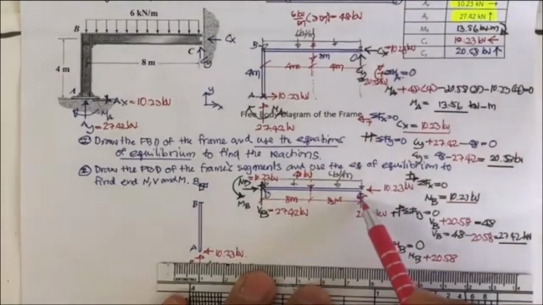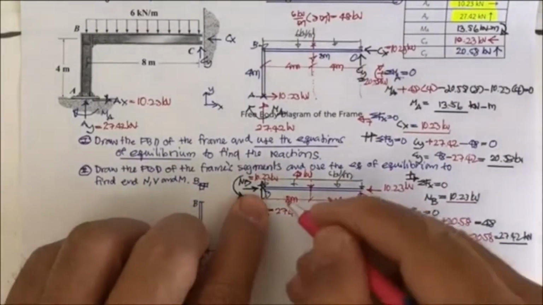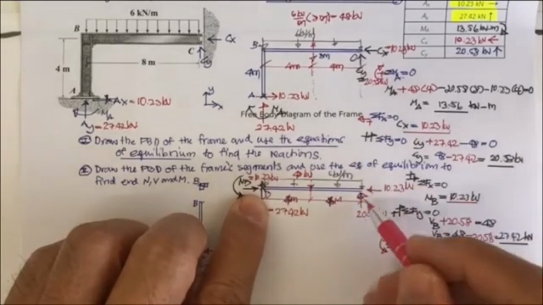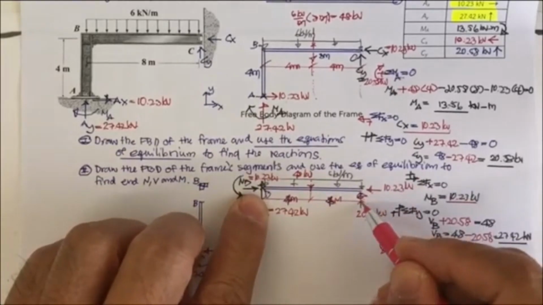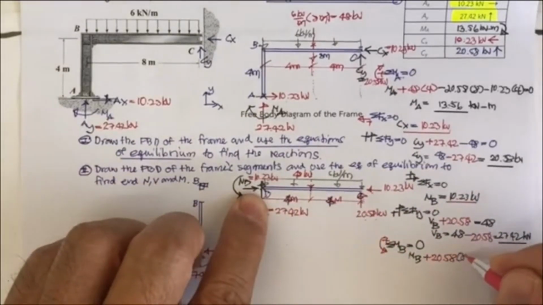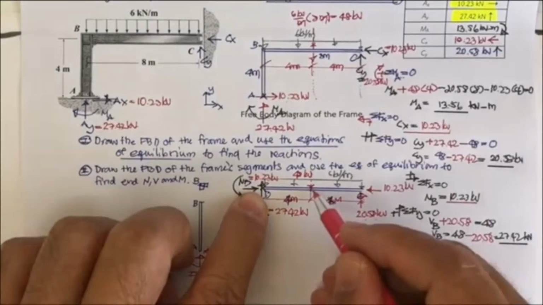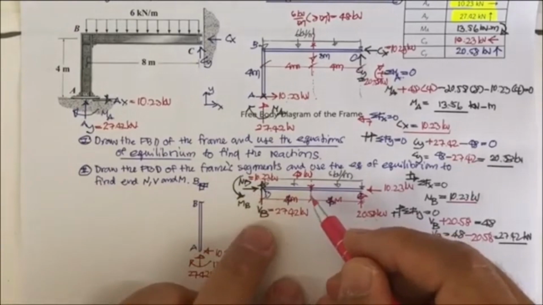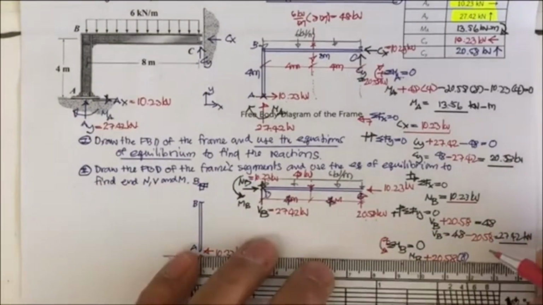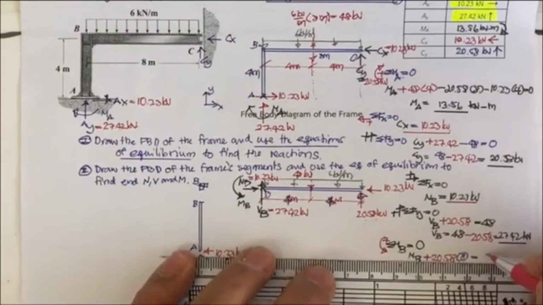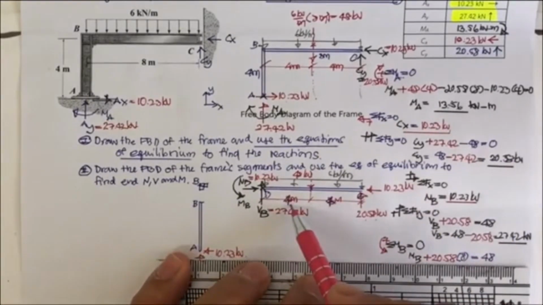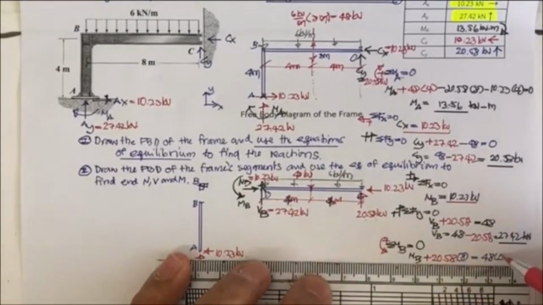And this 20.58 is, oh sorry, it's wrong. It's going to be 8 meter apart. That's the moment arm, 8 meter between B and C. And then you have this as the opposite moment. So you may get this one equal to 48, and then it's going to times the length of 4.